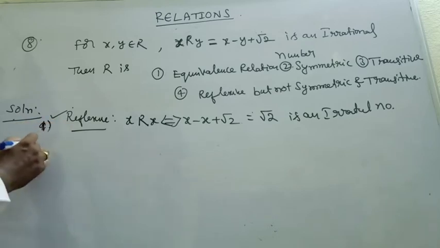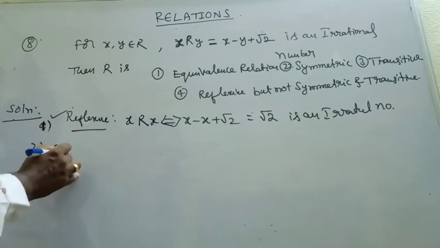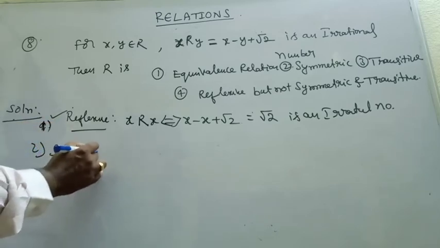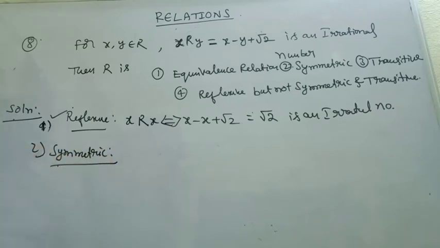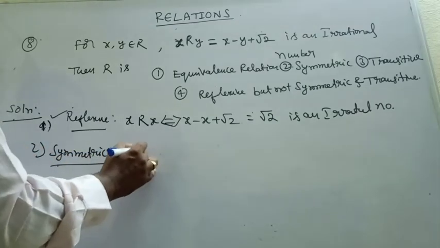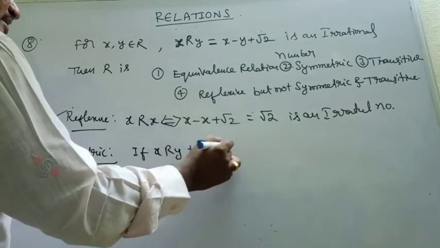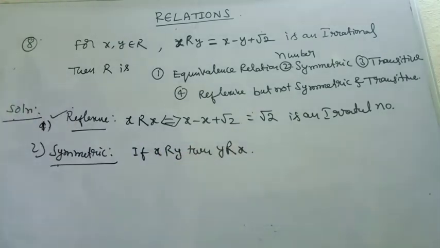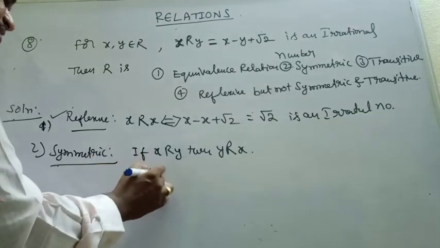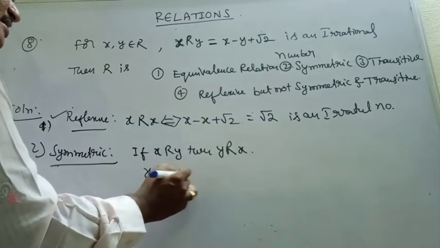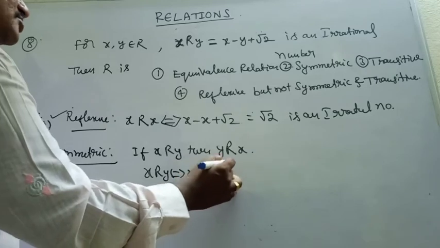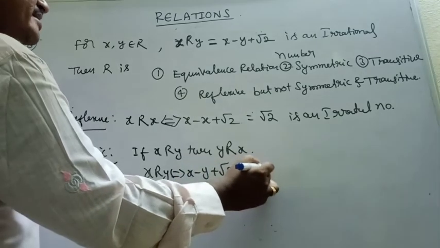Next, let us check symmetric. What is symmetric? If x related to y, then we should prove that y related to x. x related to y means x minus y plus root 2 is an irrational number.